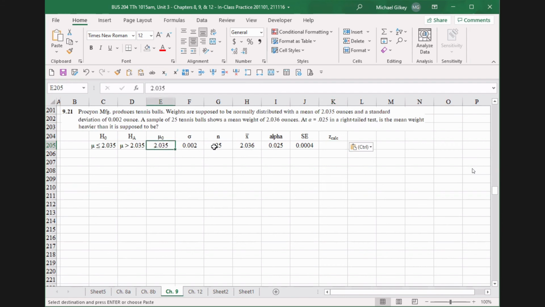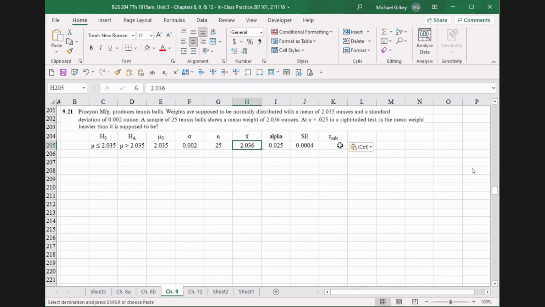What's the difference between these two numbers? 0.001, okay? 0.001, and that's 0.0004. Now do this. Multiply both those values by 10,000. 0.001 times 10,000 is 10. 0.0004 times 10,000 is 4.